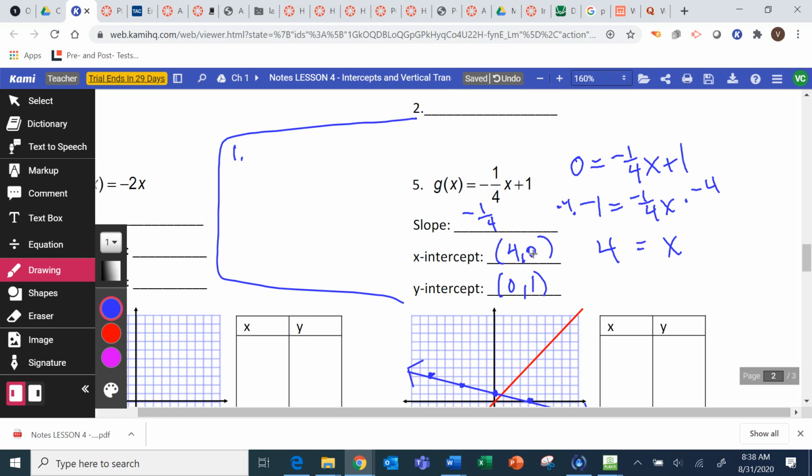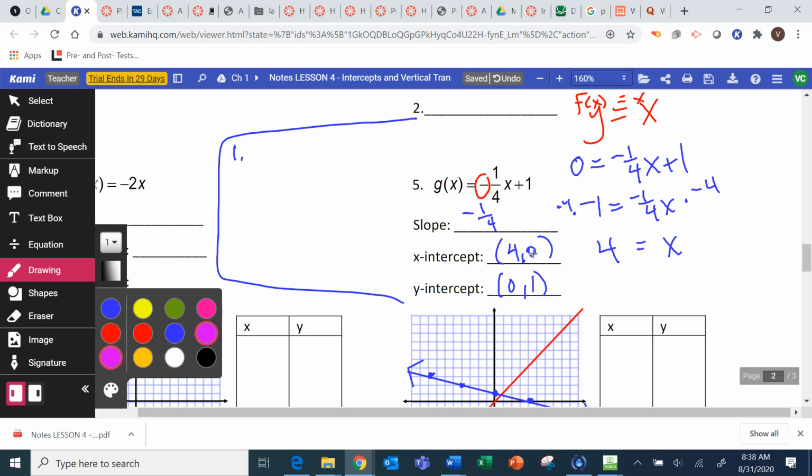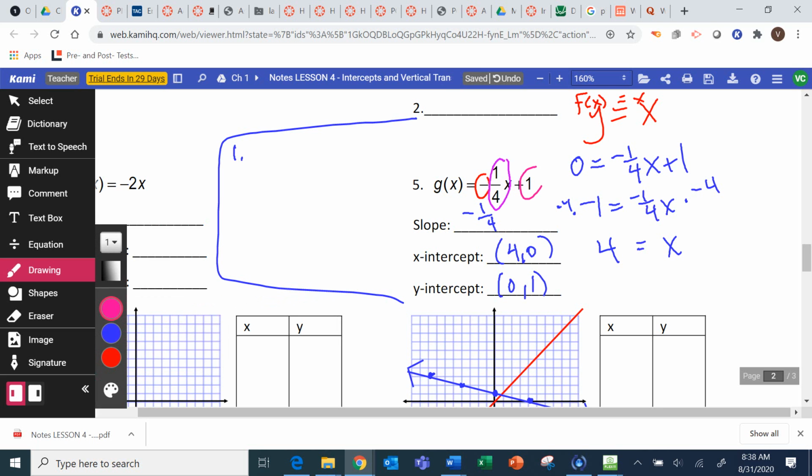The 3 transformations would be everything that is not y equals x or f of x equals x. Everything that's not that makes transformations. So I have a negative sign, I have a 1/4, and I have a +1. We have 3 separate transformations.